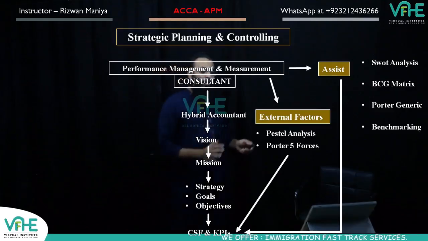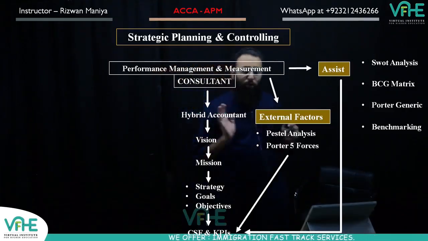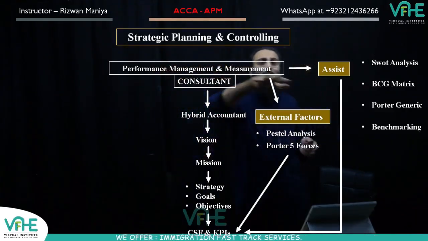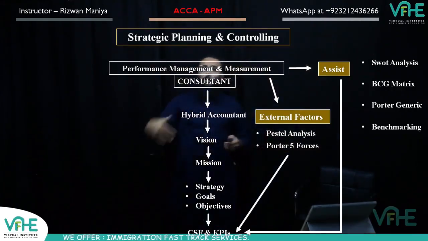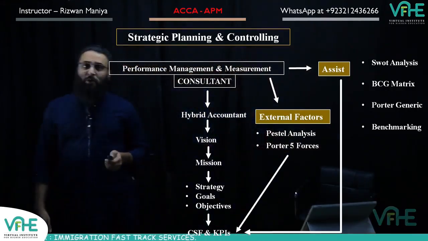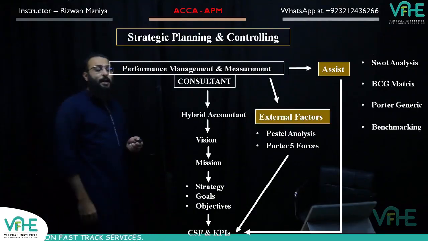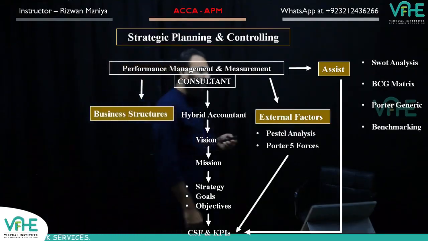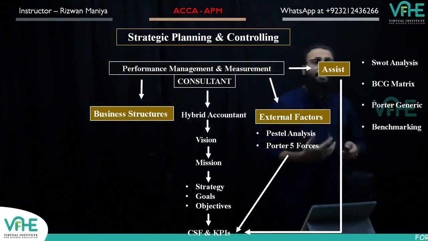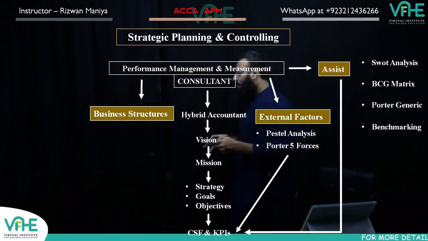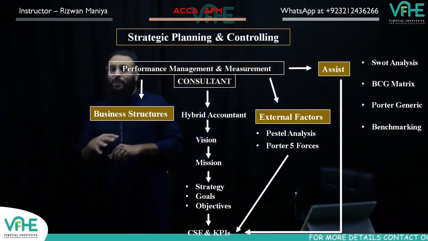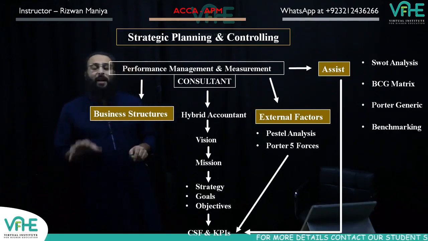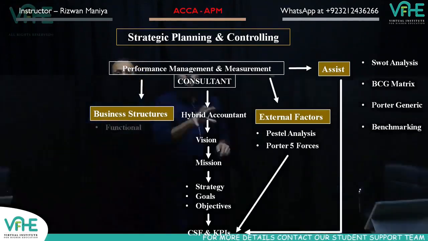So far you are getting very good clarity on what impact these external pressures will bring on a company's performance management and measurement, and how these models can help you to devise a proper system. Then comes the business structures. Yes, how the business is actually structured will again have an impact on management and measurement.